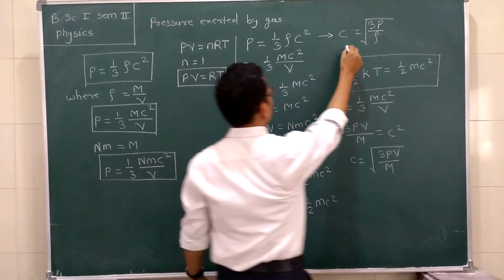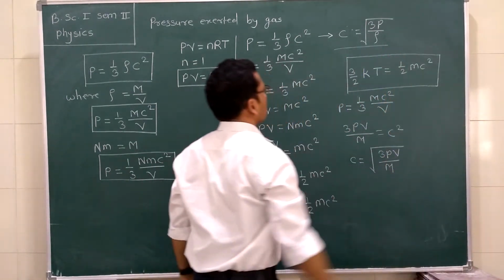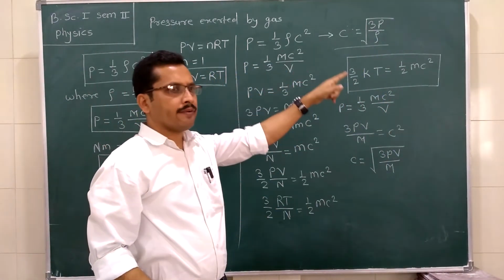As we derived the relation for RMS velocity, c is equal to under root 3P divided by rho.